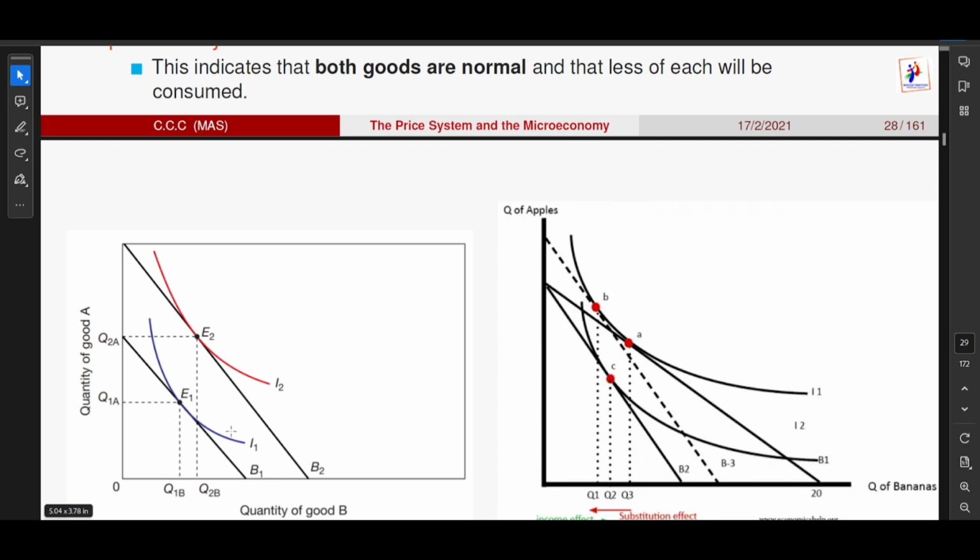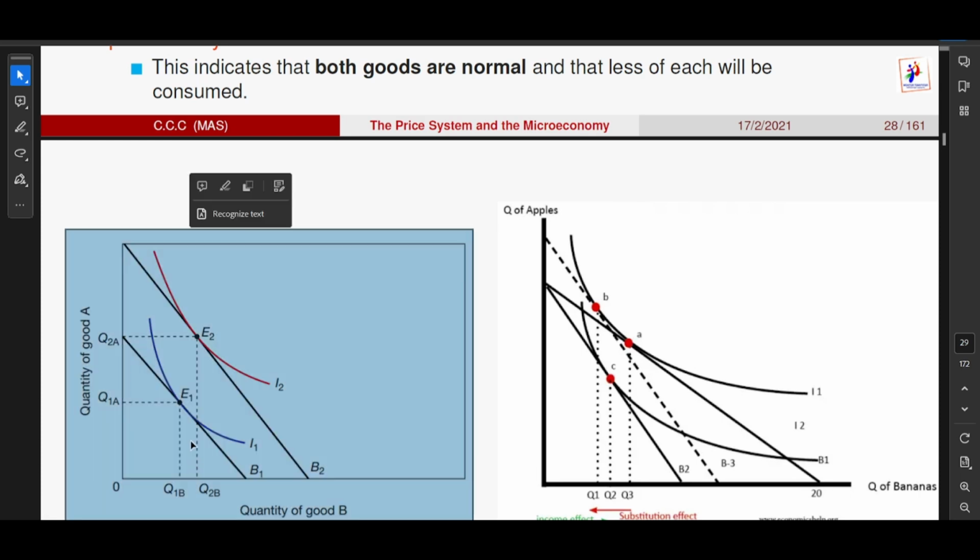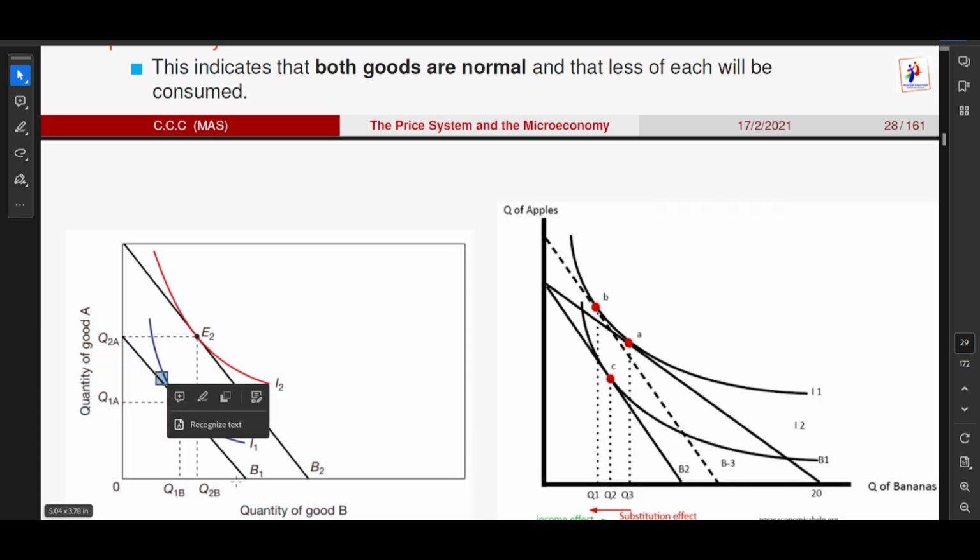Let's just say, for example, your parents give you a $200 stipend a month. With this $200, you can buy any combination, you can buy any point along this curve, right? But the point where your satisfaction is maximized is where the highest indifference curve is, right?